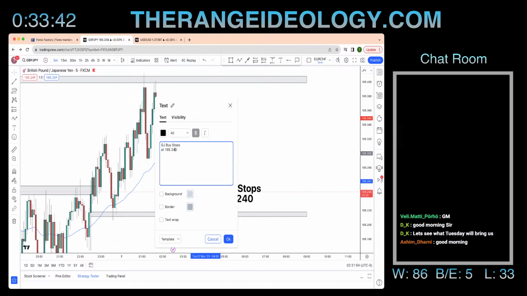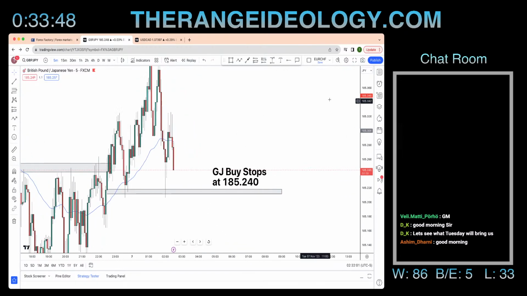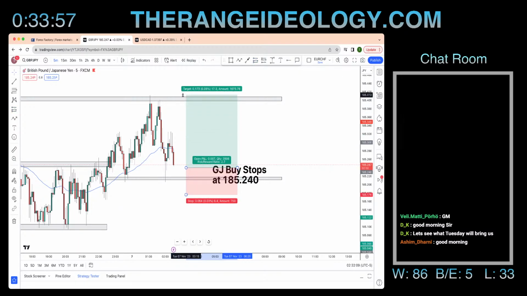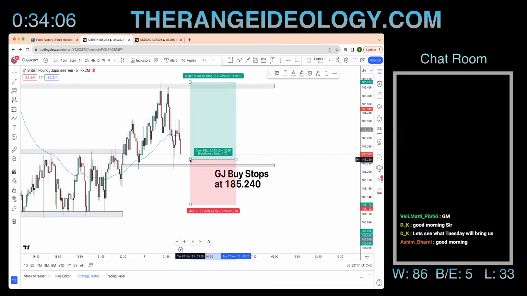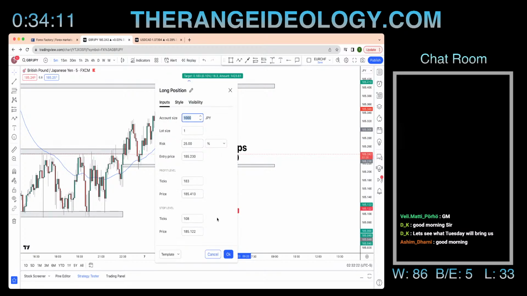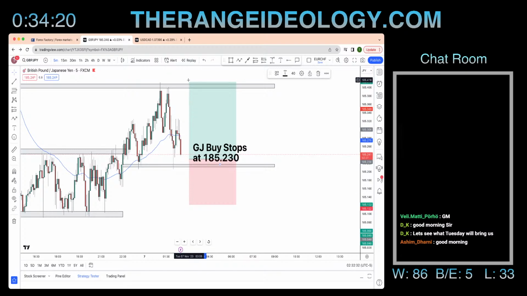Or shall I say 240 here? Let's see. Oh, yeah, this is pushing hard here. 240 to the top here. Could probably go a little lower here. 230. I think 230 is better here. And it would be 19 pips on both sides.